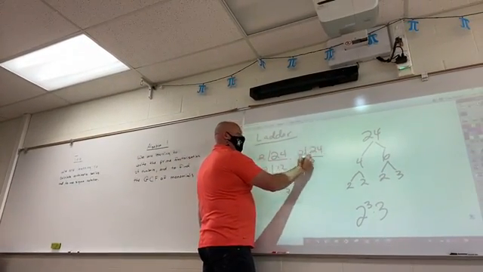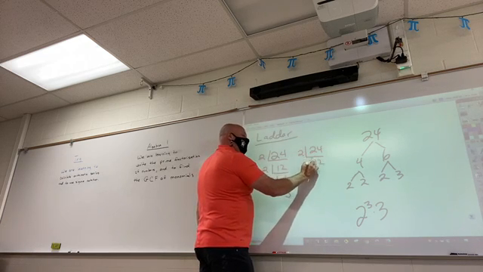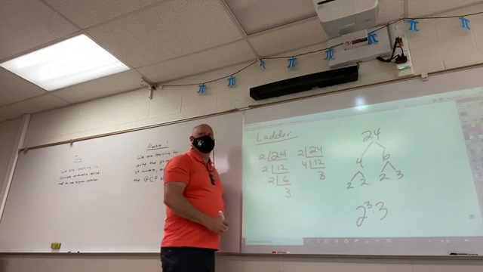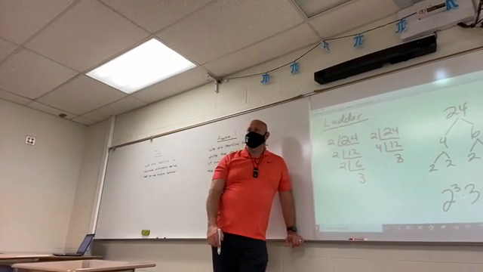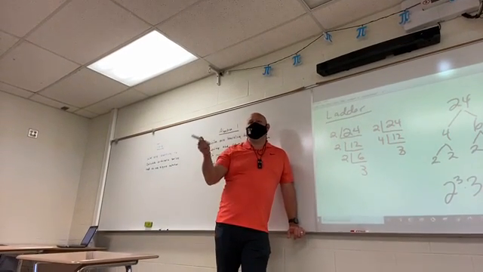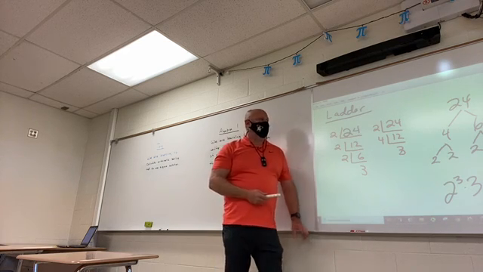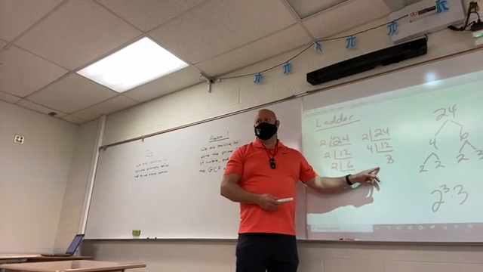All right, I can divide that by 2 and I get 12. I can divide that by 4 and I get 3. Why did I get a different answer here? Because I didn't divide by a prime number, right? So with the ladder method, you really have to be careful to only divide by prime numbers.